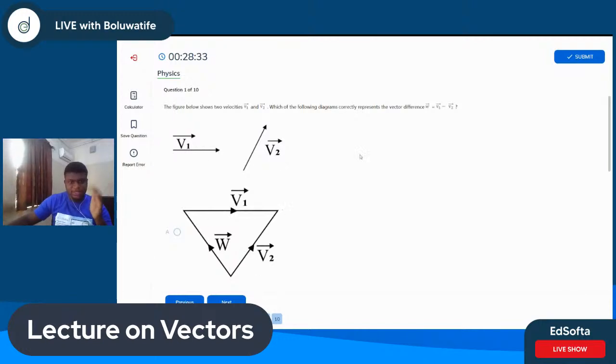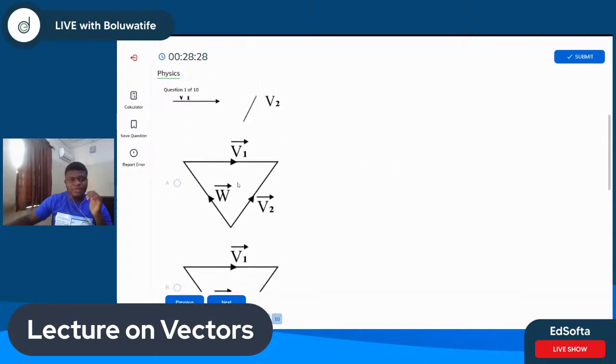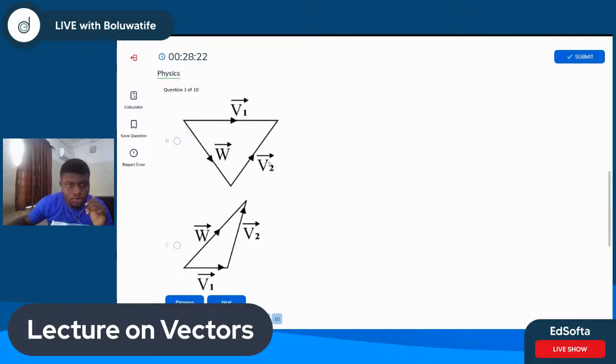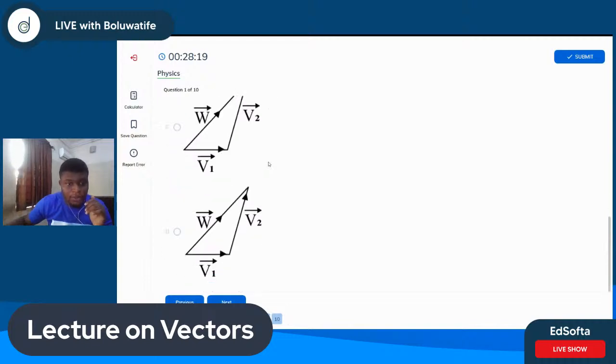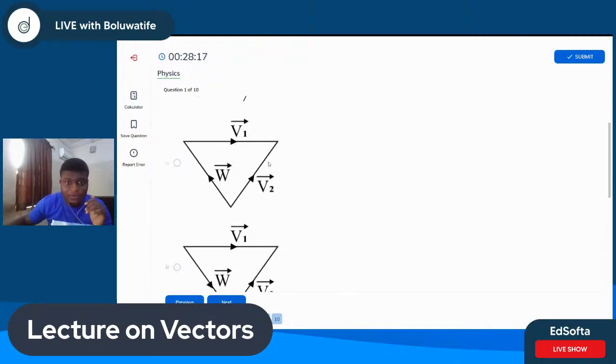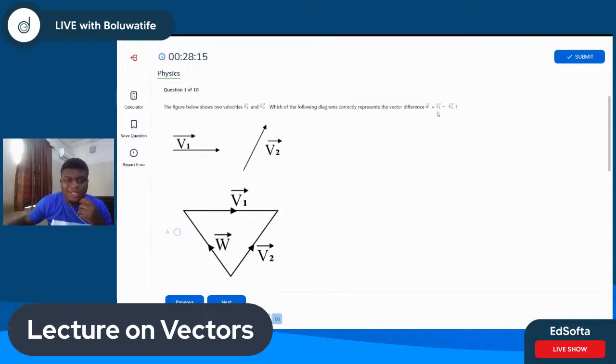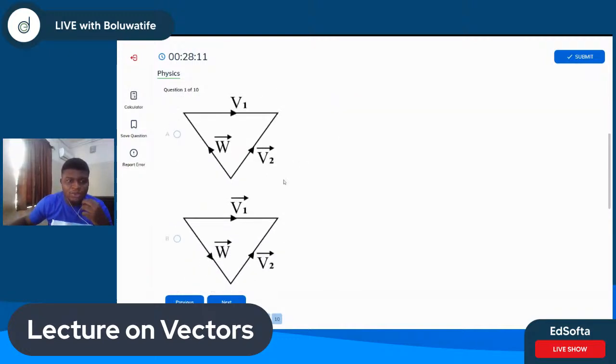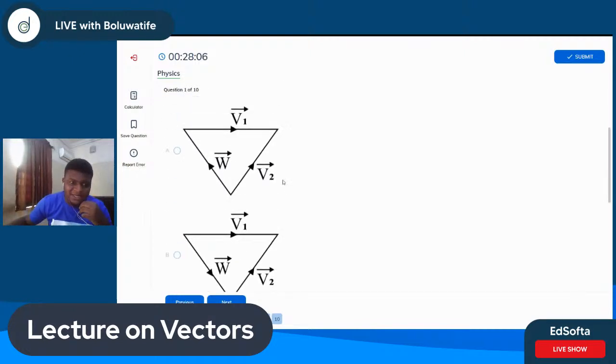If you were adding them, the resultant would be from V1 to V2. But because you are subtracting, you're going to have the inverse. So this would be the appropriate diagram for it.